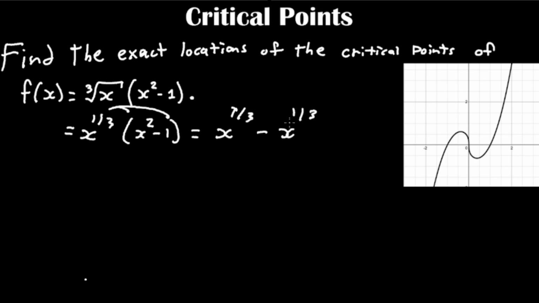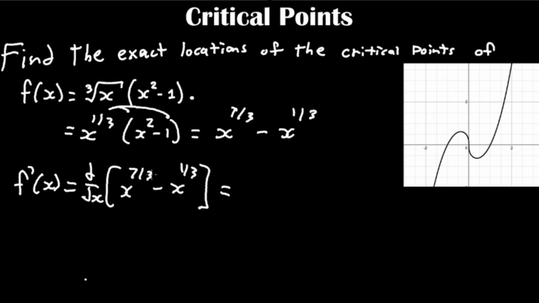Now, this seems right for us to take a derivative because we have it in a form where it's nice to use the power rule. So our derivative is just going to be the derivative of x to the 7/3 minus x to the 1/3. For the first term, we bring that power down and we reduce it by 1.